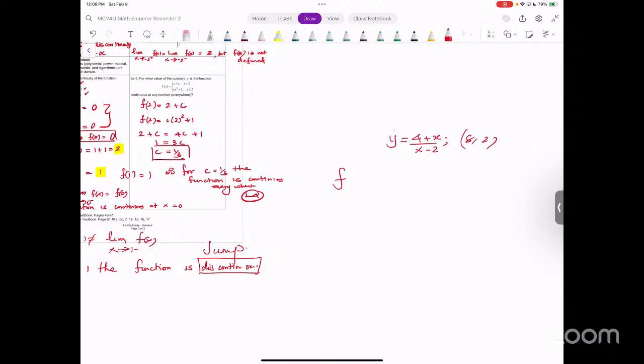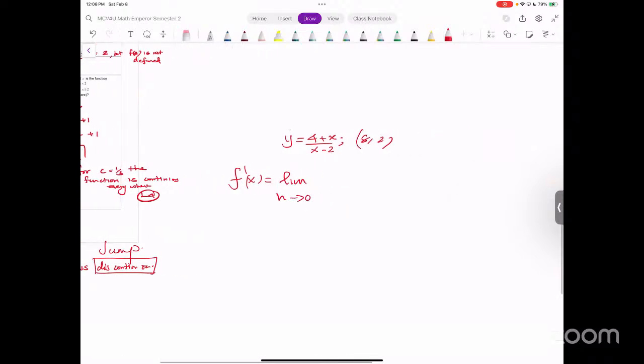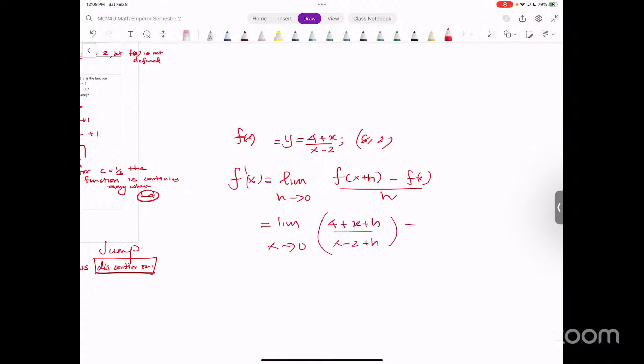To find the slope, we call it f prime of x, the limit as h goes to 0 of f of x plus h minus f of x, over h. So you plug in (4 plus x plus h) over (x minus 2 plus h) minus (4 plus x) over (x minus 2), divided by h. Then you simplify that.